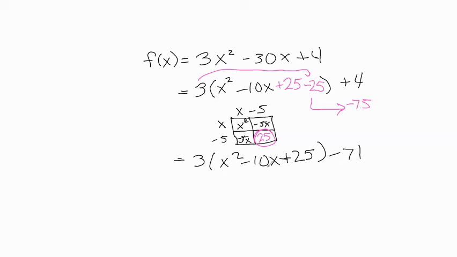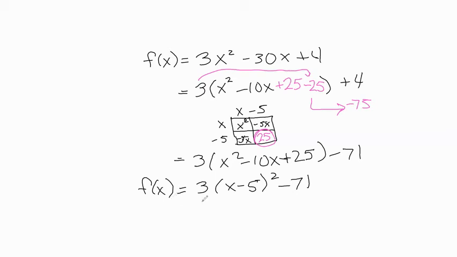Then x squared minus 10x plus 25, the factors are really x minus 5 times another x minus 5. That's what this work was showing, because we had x squared minus 10x plus 25 inside here. So when we write that in factored form, we get 3 times the quantity x minus 5 squared, and then we have this -71 on the outside. So that's what f of x equals.